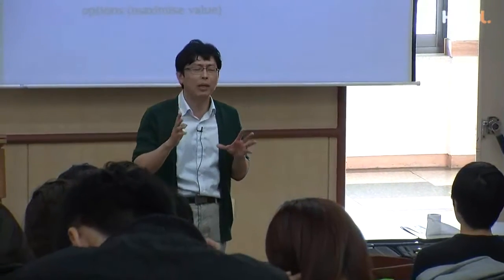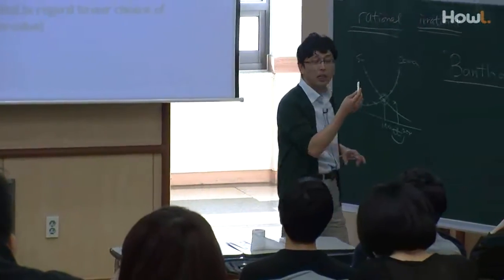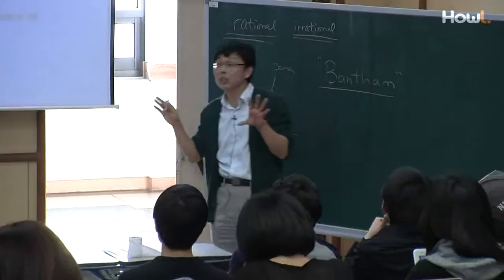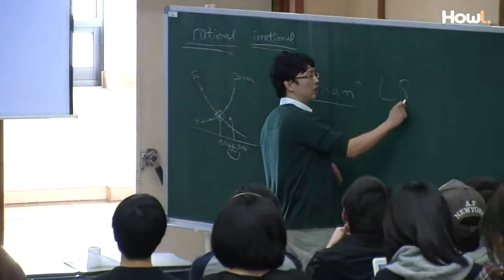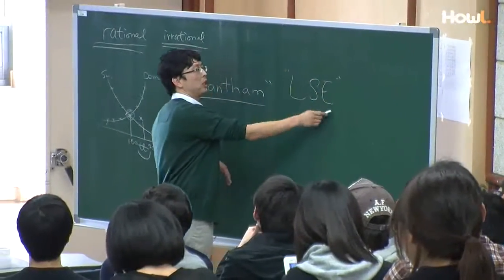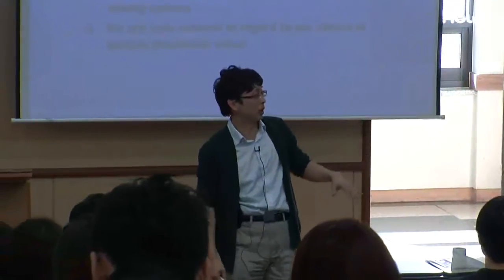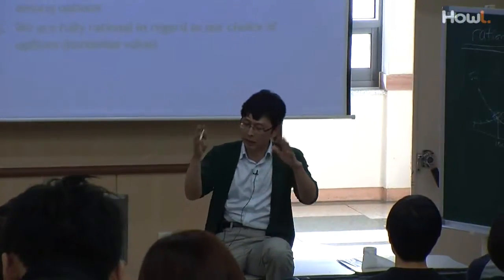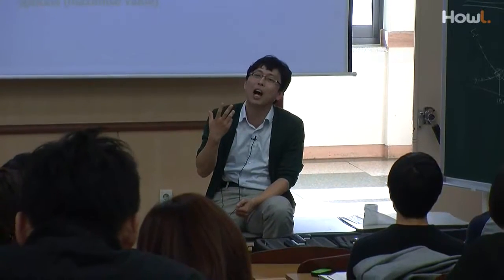Around 1800, Bentham was one of the greatest philosophers in English empiricism and helped found the London School of Economics. Have you heard about the London School of Economics, LSE? It is one of the major universities in economics. He was on the board, at a senior level. What he did was the first economic proposal based on how we can find maximum happiness.